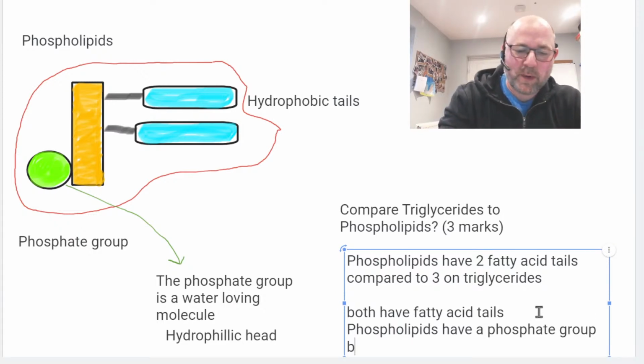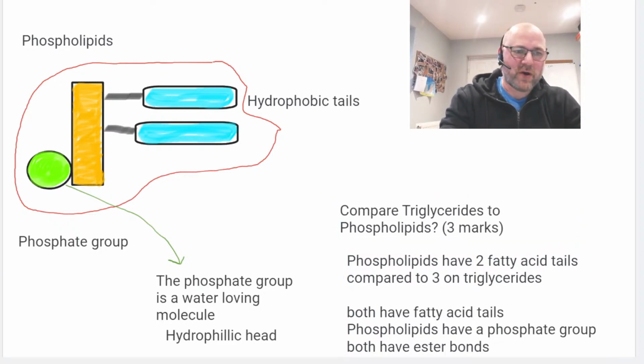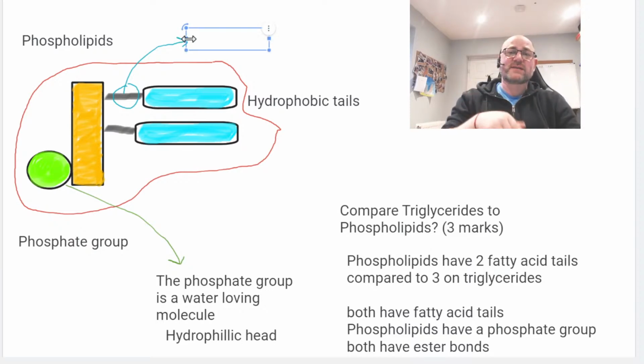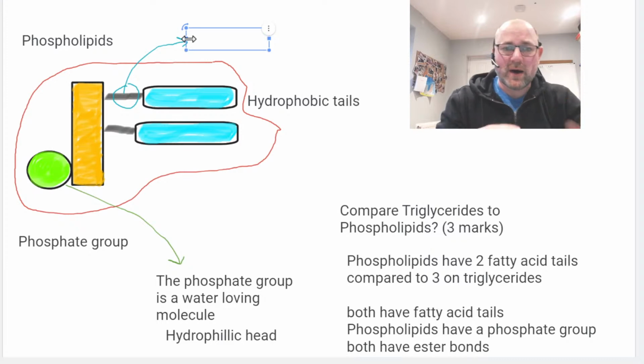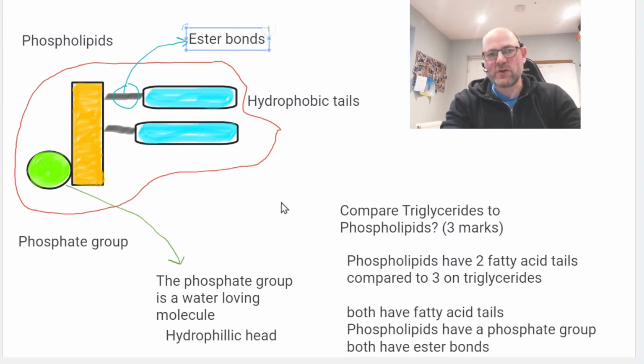Both have ester bonds. If you're wondering what an ester bond is, it's this bond right here. If you weren't here when I was going over ester bonds, these are ester bonds. When I did carbohydrates last week, if you haven't checked out last week's video, you can check that out.